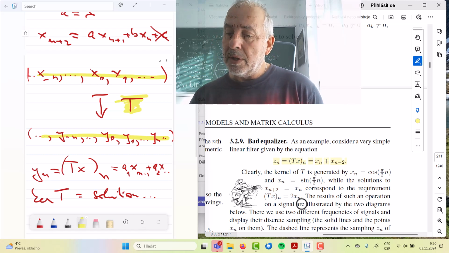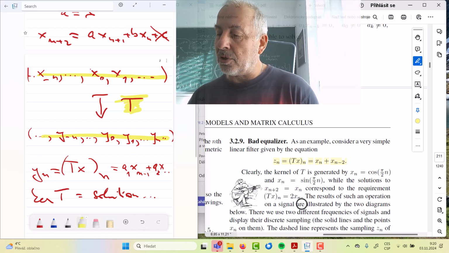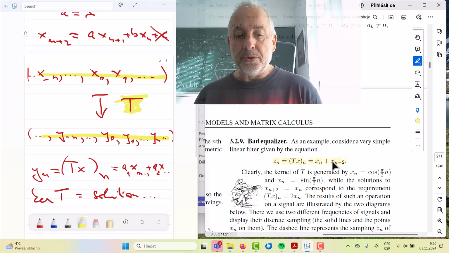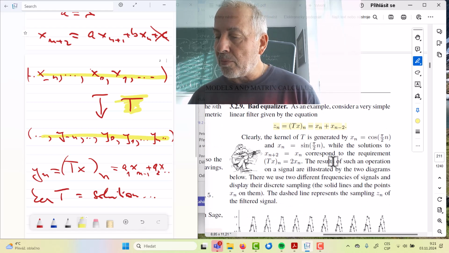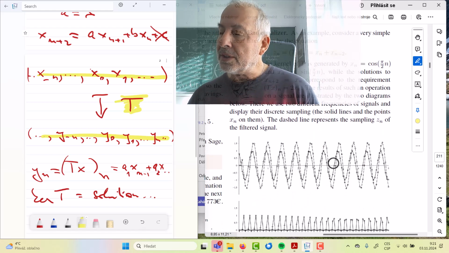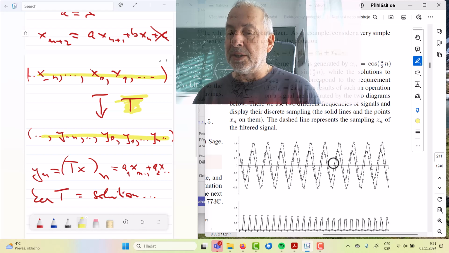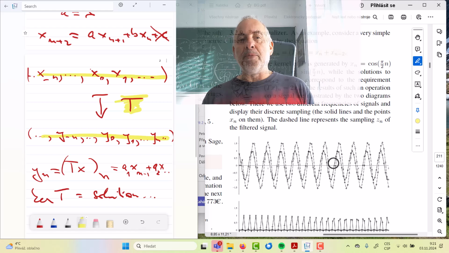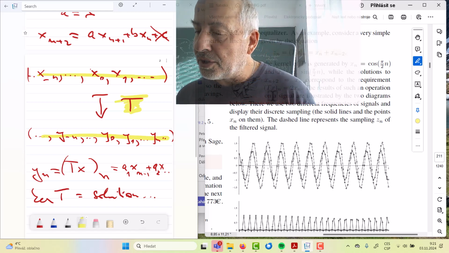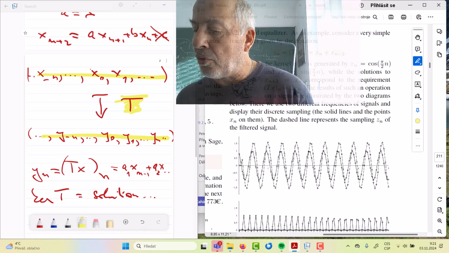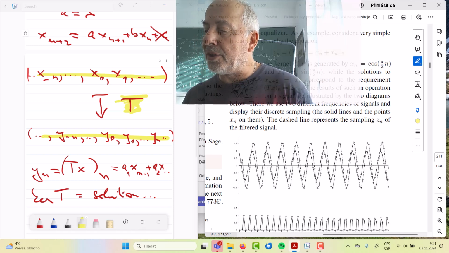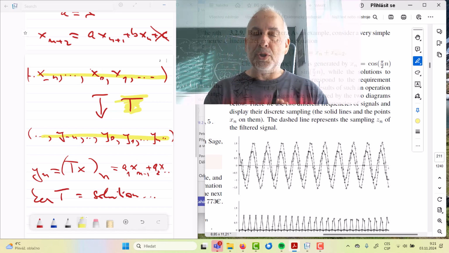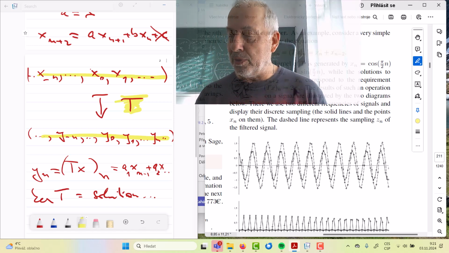If we look at what's happening, in this case you see immediately that for some frequencies of the signal, this filter will produce exactly the same thing. That's the condition. Or it will be just multiplied by 2, or it could be completely suppressed. So it will be 0. That will be the kernel of T, right?